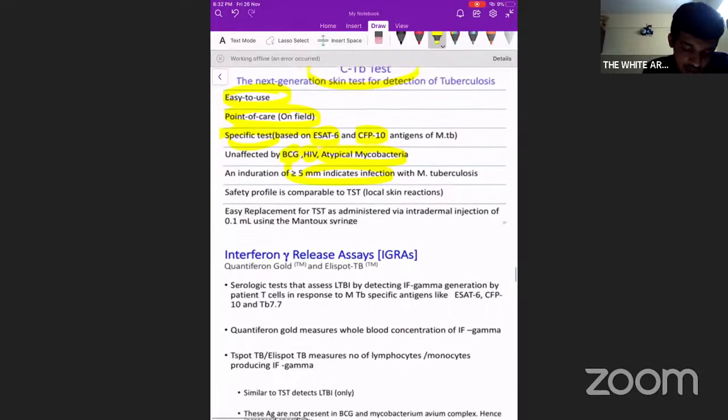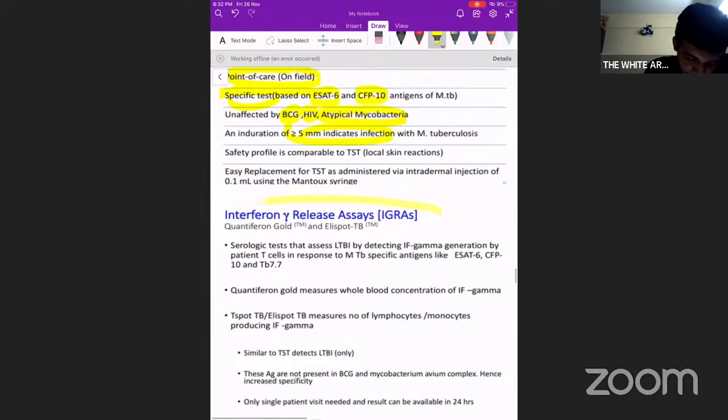Next is the interferon gamma release assay. This test is also similar to the tuberculin skin test, but here it is a blood sample that we take. The advantage over the tuberculin skin test is that it is much more specific, because it will not come positive in a BCG vaccinated child or a child with non-tuberculous mycobacteria.